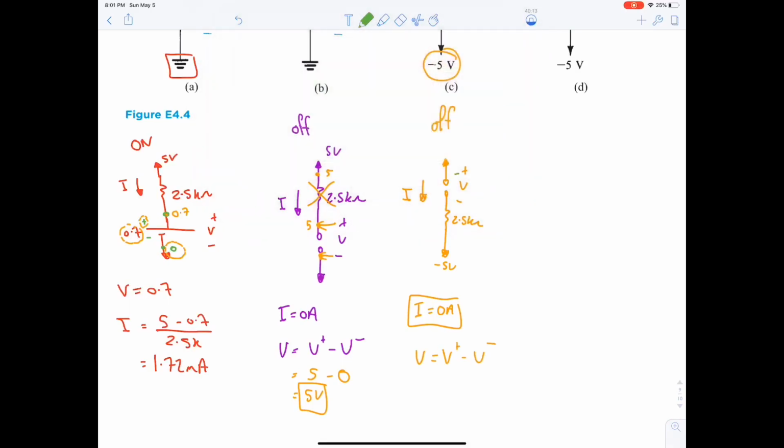V positive is 0, and V negative is minus 5 since there is no current, so the resistance is useless. This is minus 5, this is minus 5 also, so it will be 0 minus minus 5, which is equal to 5 volt.